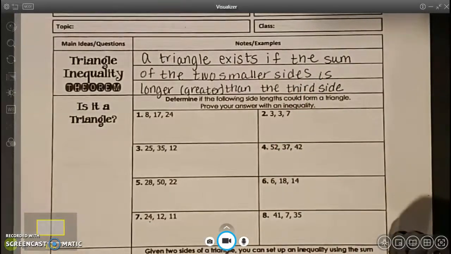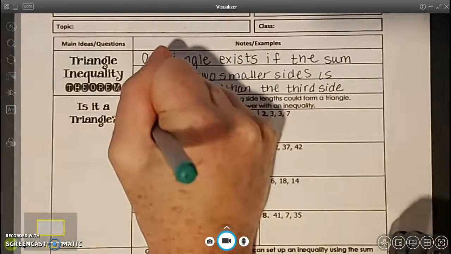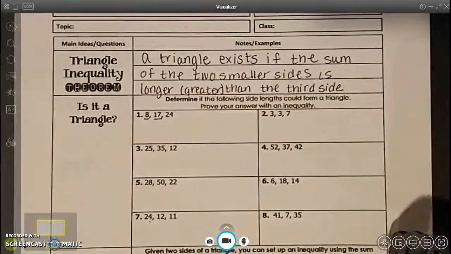So we are going to go through the odds here to keep the video short, but it says determine if the following side lengths could form a triangle. Prove your answer with an inequality. So for number 1, we look at the smaller two sides. So we have 8 and 17 are the smaller two sides. So we're going to take the sum of those, or add them together.